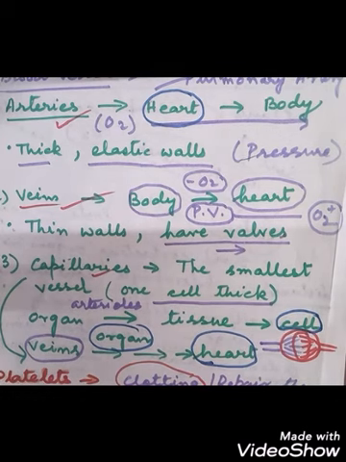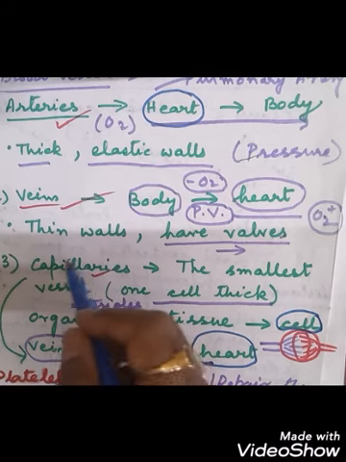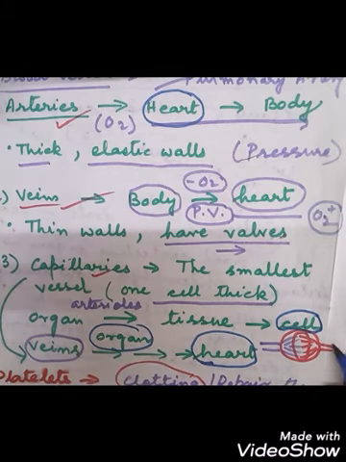So this will always take place at the capillary level, where arteries branch to form arterioles, veins branch to form venules, and at a point they form a network. So these finest branches formed here are called the capillaries.